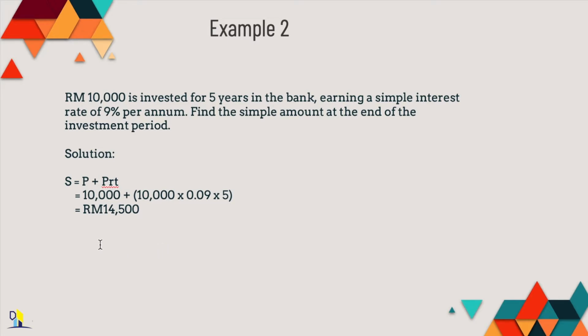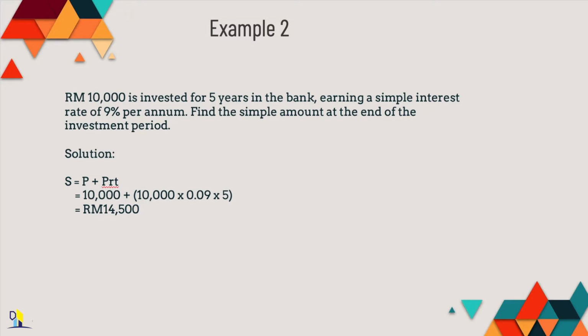So you put 10,000 ringgit in the bank for 5 years. This is a really good interest rate. You get 14,500 ringgit in your bank account at the end of the investment period, and that is your simple amount. So you have made money from the savings.